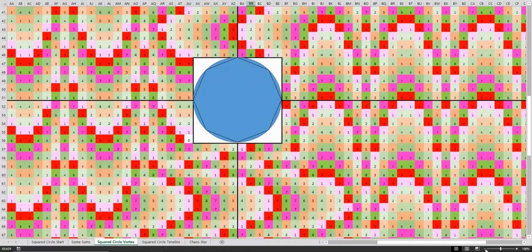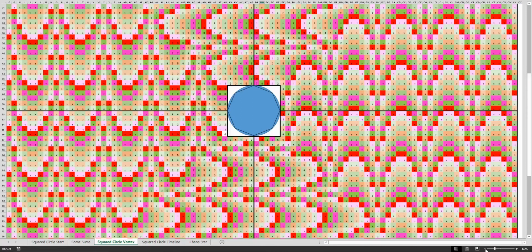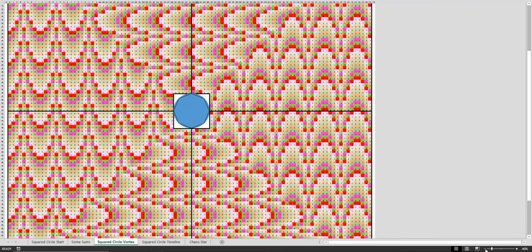Okay, let me scroll this down and you can see it better. Okay, there's 40%. We are working clockwise on our numbers, but if you look, these are forming a pattern, each one that's going counterclockwise.